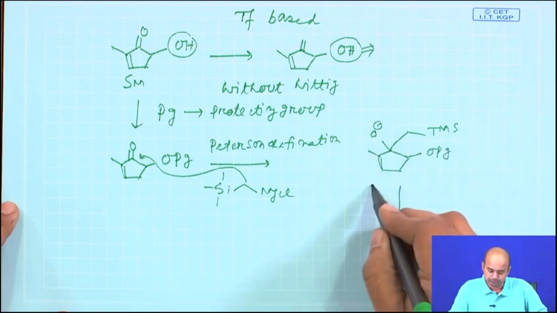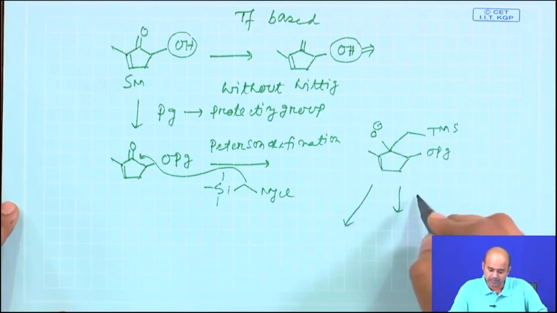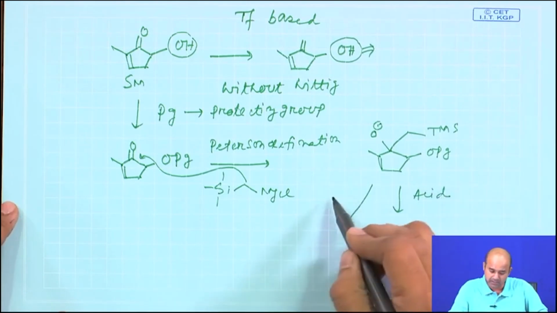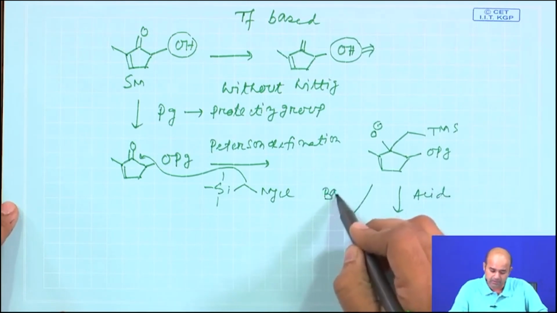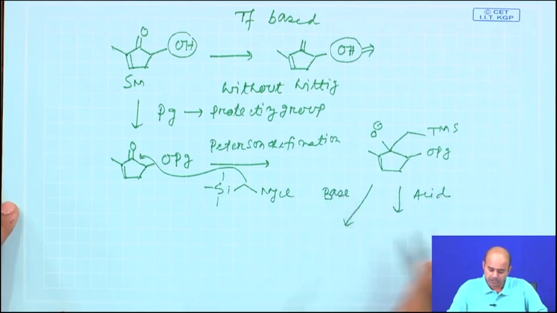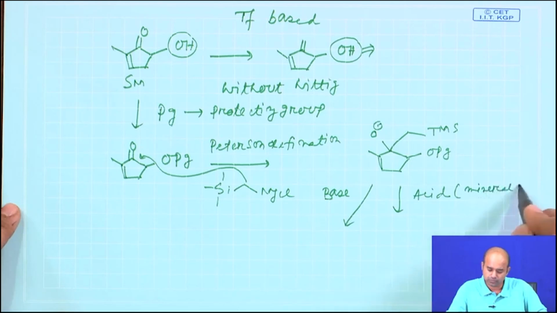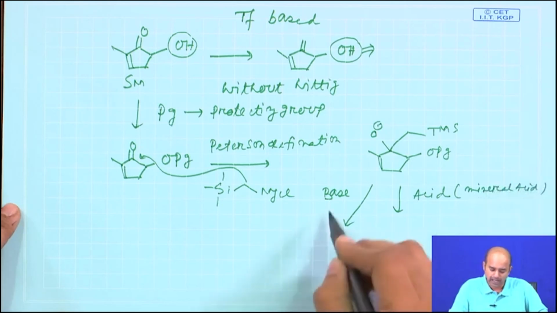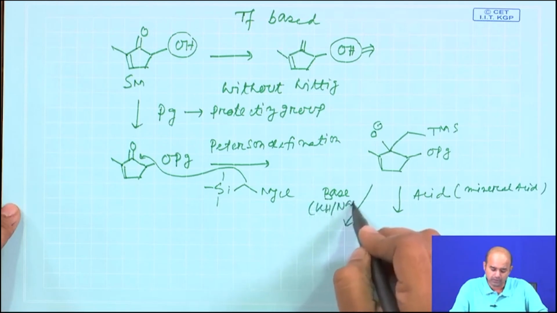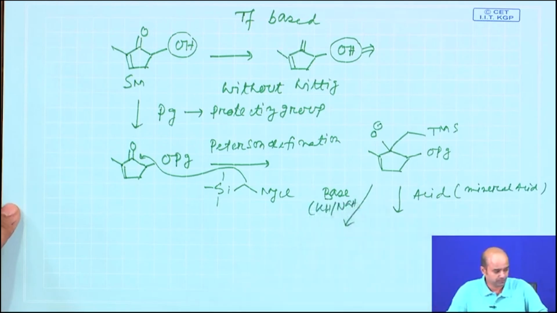And this elimination can be done in both ways. You can do it as an acid mediated or base mediated elimination. Usually for acid mediated elimination, simple mineral acids were used, and for base mediated, sodium hydride or potassium hydride was usually used.